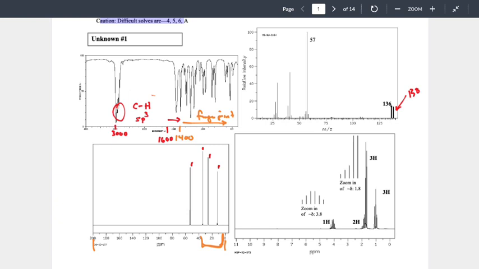Said a slightly different way, what I need to do is the same thing that I would do with our IR. I want to memorize particular ranges and what they mean.